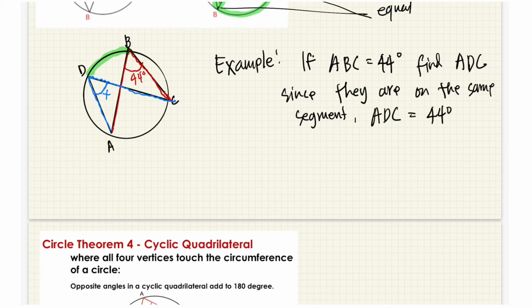So this one here is also equal to 44 degrees, because they are in the same segment. Remember that. Therefore, the ADC is also equal to 44.